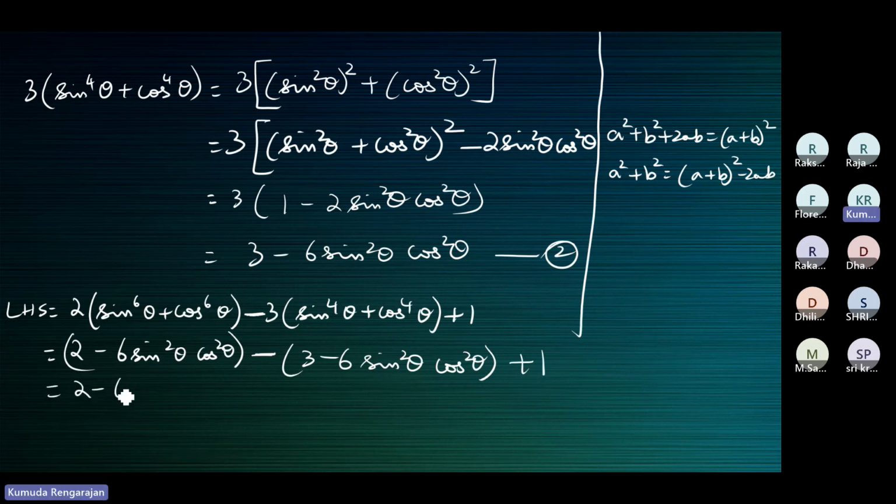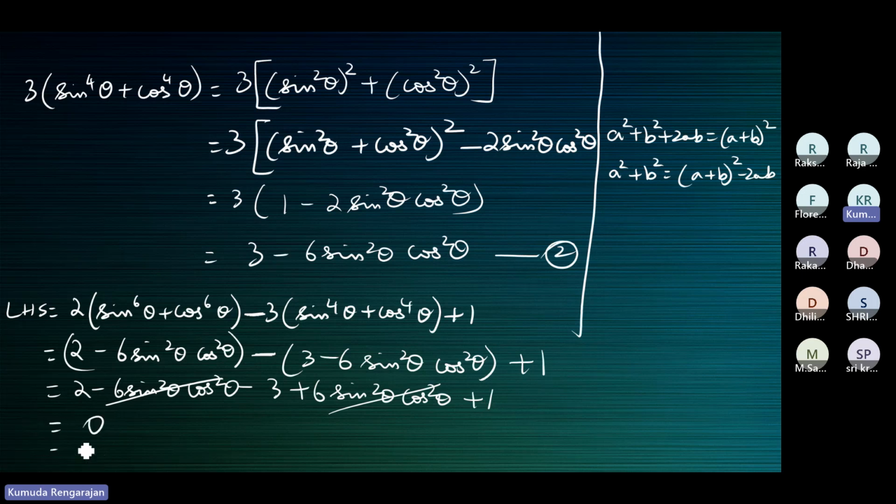So it will be 2 minus 6 sine square theta, cos square theta, minus 3 plus 6 sine square theta, cos square theta, plus 1. So this and this get cancelled. 2 minus 3 is minus 1, and minus 1 plus 1 is 0, which is the RHS.